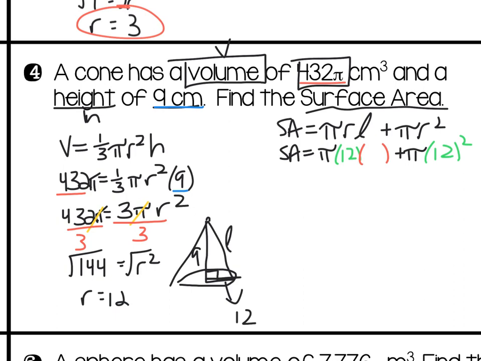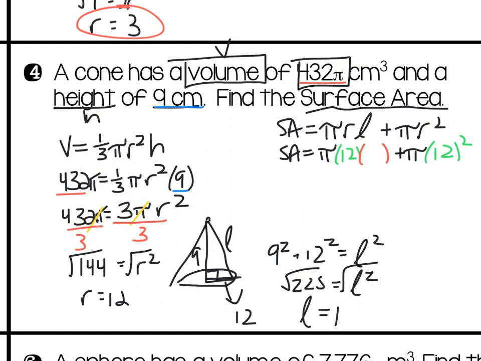Once again, we have a right triangle, so I can do Pythagorean theorem. And I have 9 squared plus 12 squared equals my slant height squared. So I get 225 equals L squared. Square root of both sides, my slant height is 15.